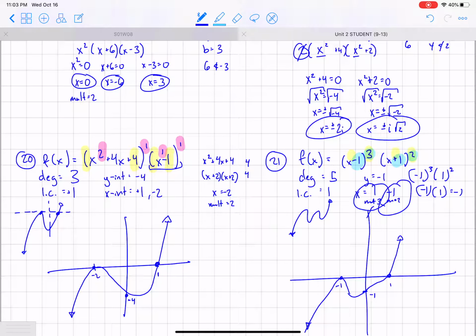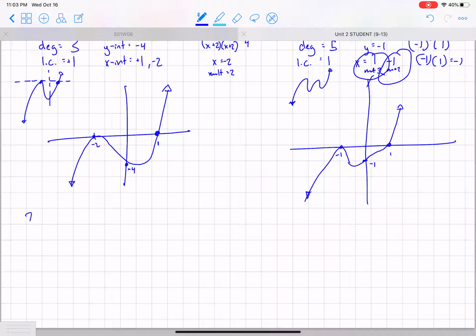Lastly, for number 2, we've been talking about it already. This was trying to get you to think about it. So make a conjecture about how the multiplicity of a root affects the graph of the function. So if multiplicity is even, the curve touches but doesn't go through the x-axis.